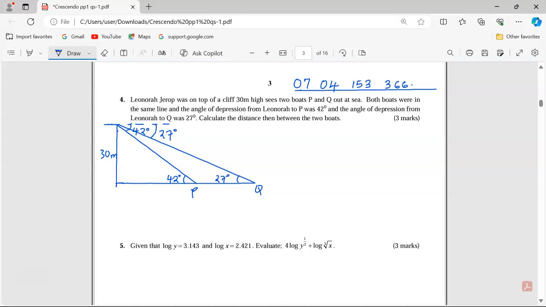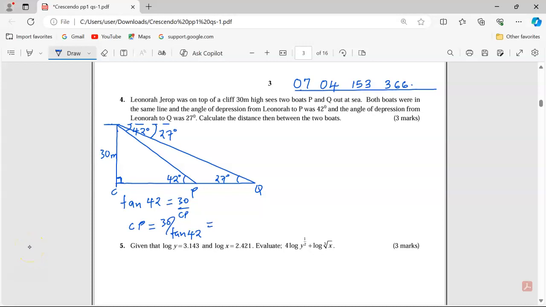So with an angle of 42 and a vertical height of 30, and this being right angled because the cliff is vertical, we will be able to get the distance from the cliff to P, whereby we apply the tangent of 42 being given by the opposite length 30 out of the length CP from the cliff to P. So for us to get length CP, we require 30 divided by tan 42 degrees.